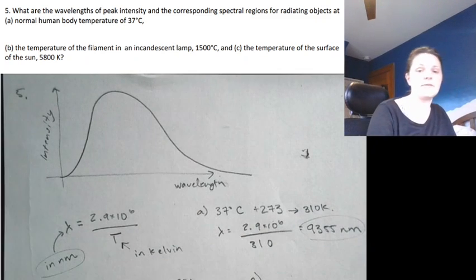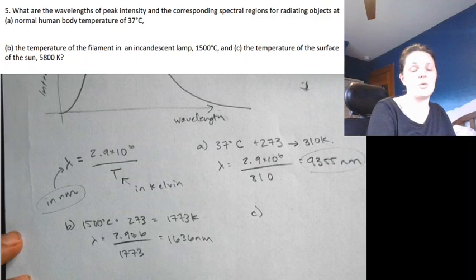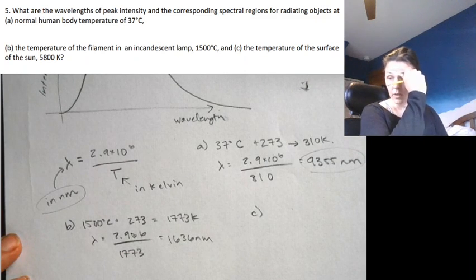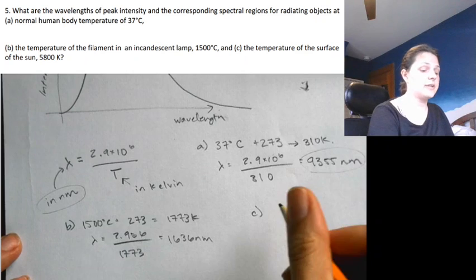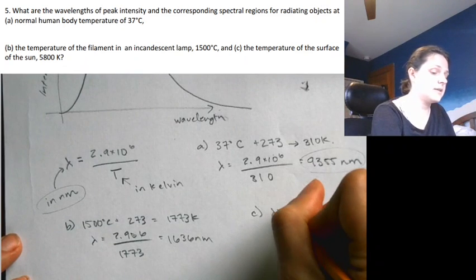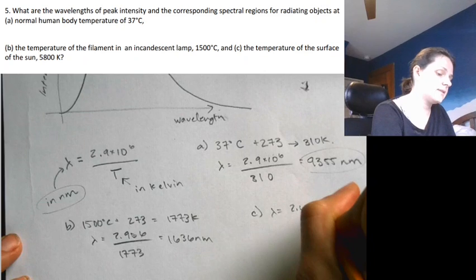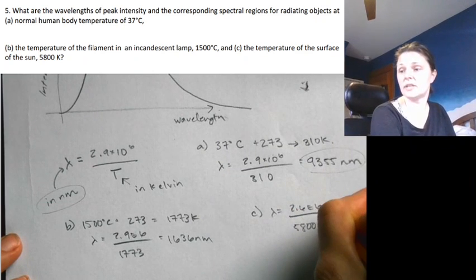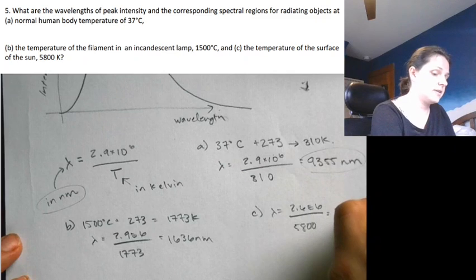And doing the same thing for part C, we don't need to convert 5800 Kelvin because it's already in Kelvin. I have lambda is 2.9 times 10 to the 6th divided by 5800, which is 500 nanometers.